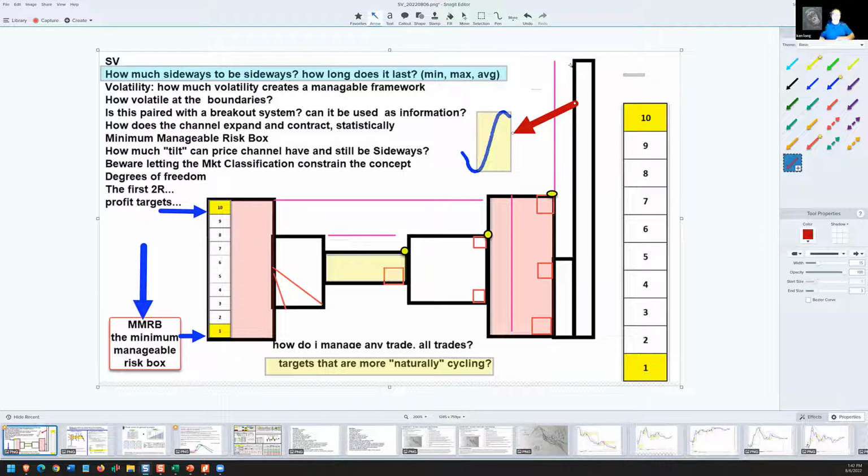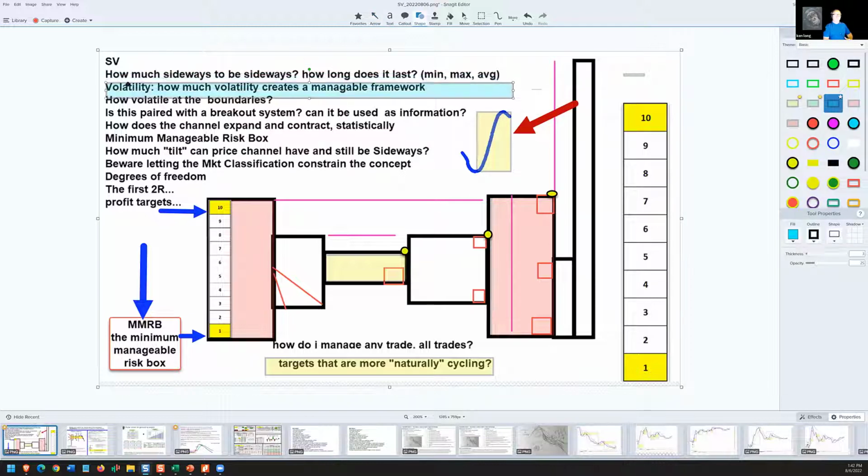I can then ask, how much volatility does it have? What I care about is not whether it's technically quiet, normal, or volatile. All I really want to know is, do I have a manageable framework to trade with that volatility?